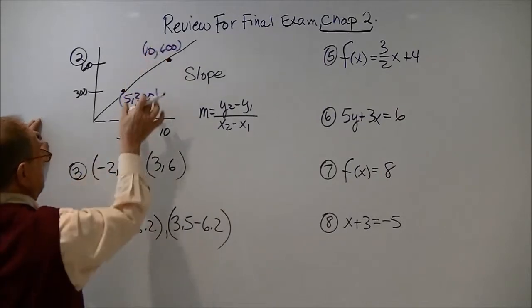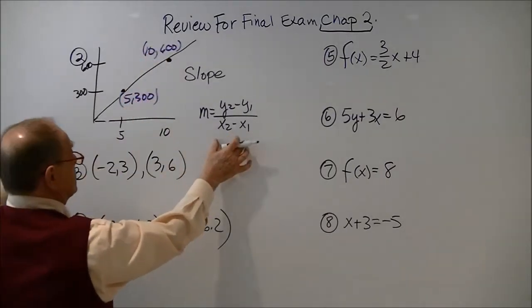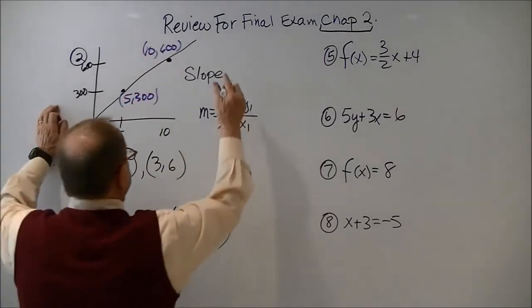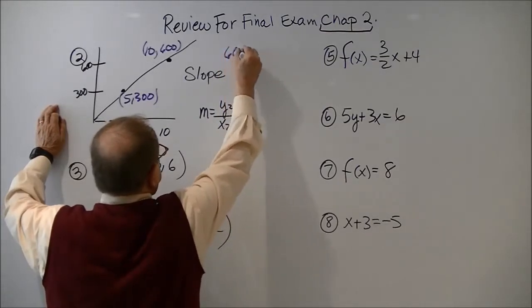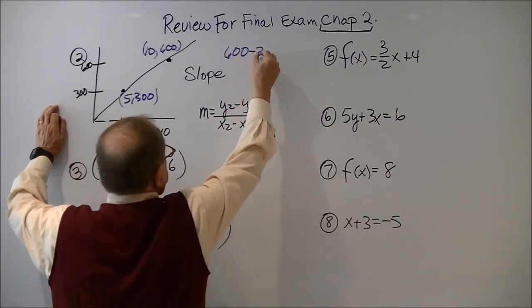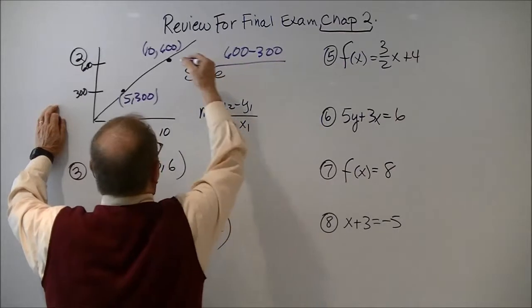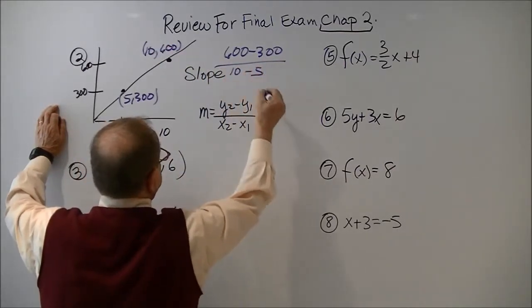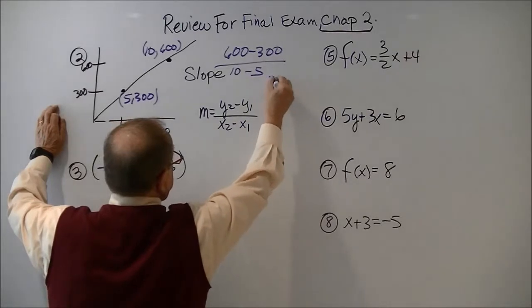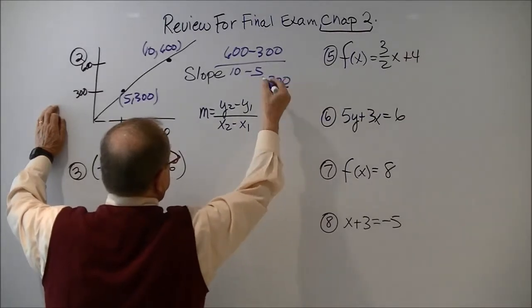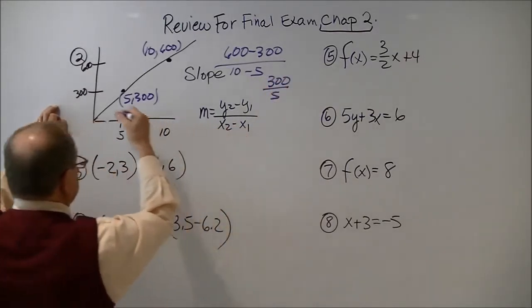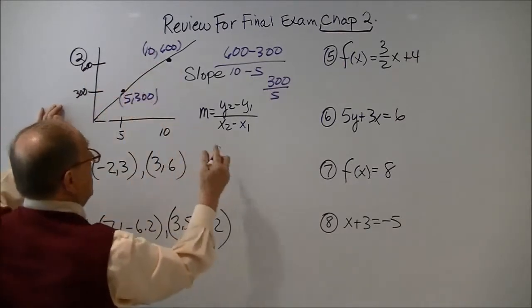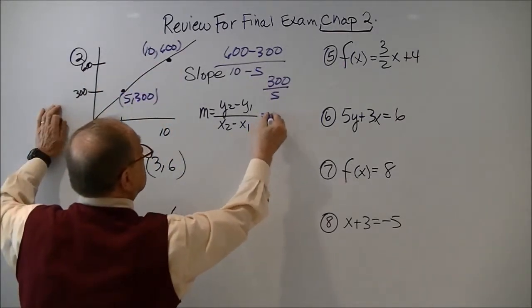So with these 2 points, I can put it in my slope formula, and I get 600 minus 300 over 10 minus 5, which gives me 300 over 5. So the slope of this graph is 60.